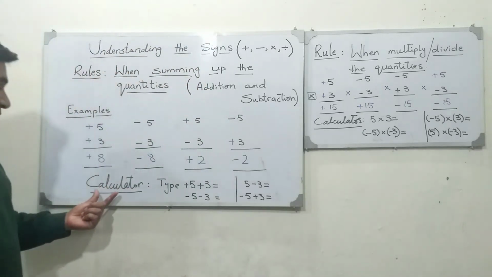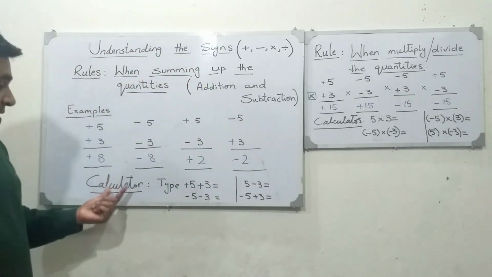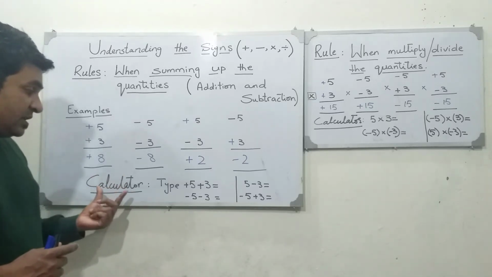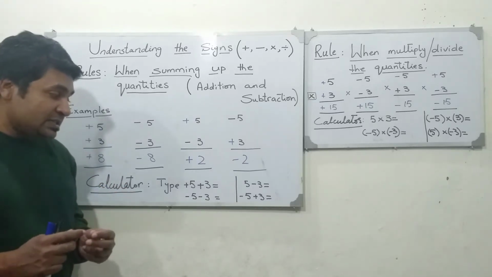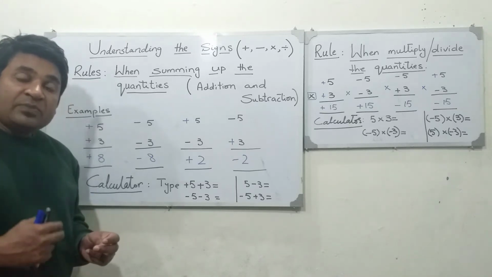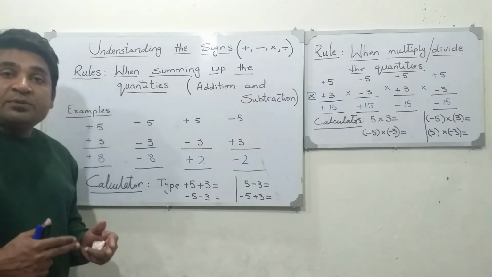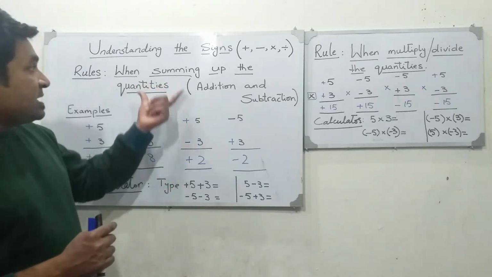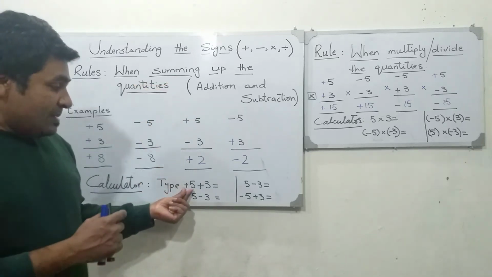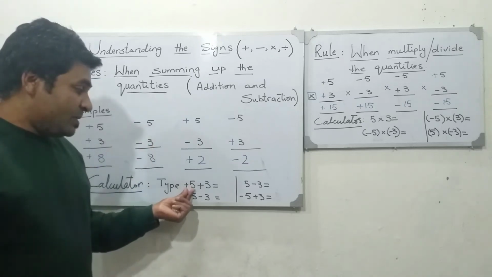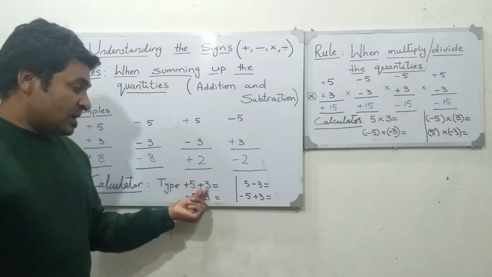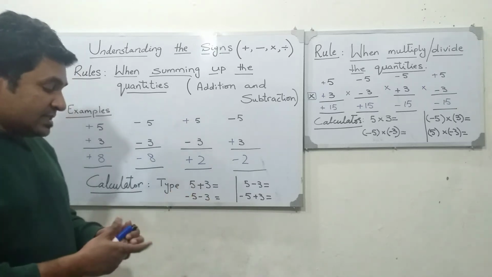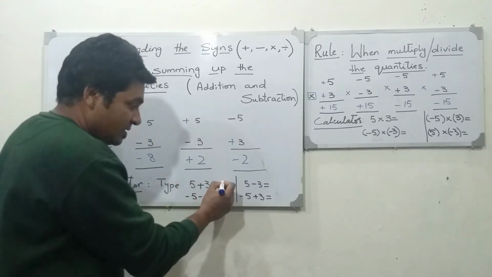And now look, if you use your calculator, the use of calculator, that's why I've written it, because I think it will clear your concept more. So look, when you are summing up the quantities, you type the numbers as they are, like you type 5 plus 3, and you get the answer 8.